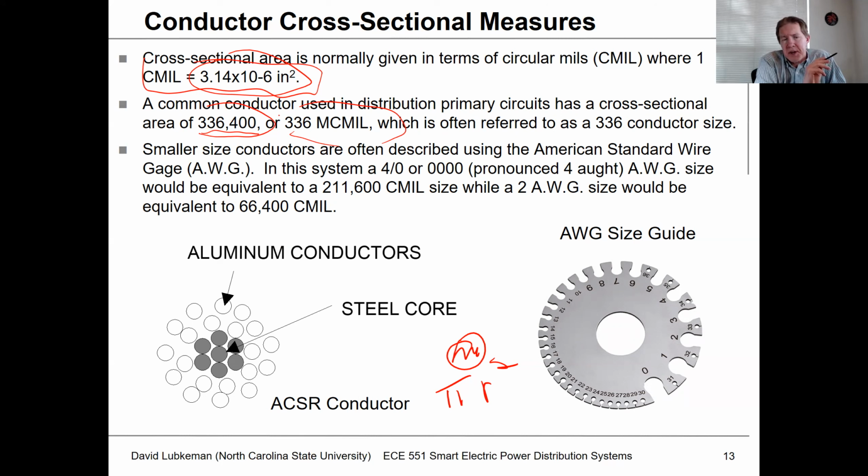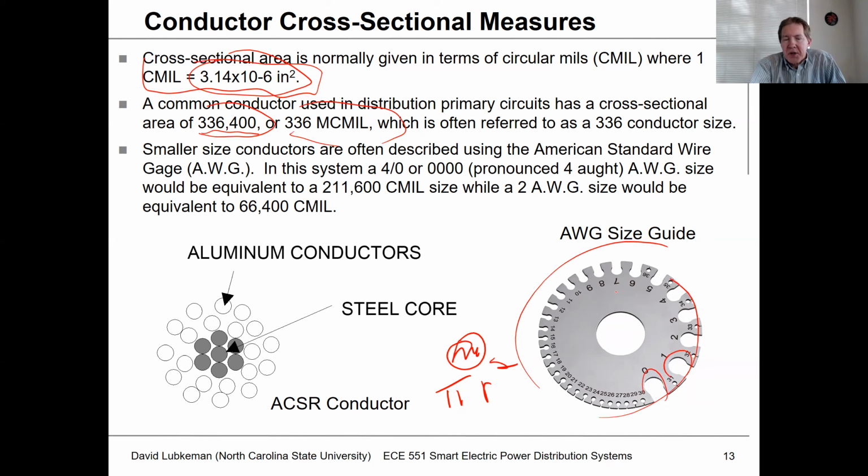Now, if we have smaller conductors, we use something called American Wire Gauge, and those are integer numbers that correspond to the size of the wire. There's actually a little circular gauge you can get. You can see that for the smaller numbers, this is a small diameter wire, and you get up to the larger numbers, and then you can have all the way up to a knot with this simple guide here.